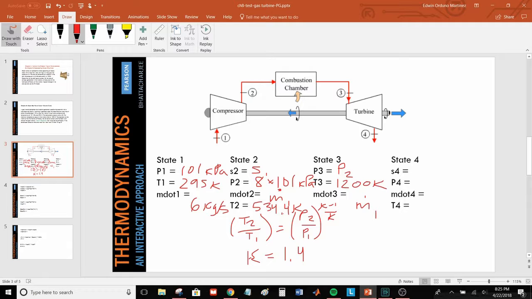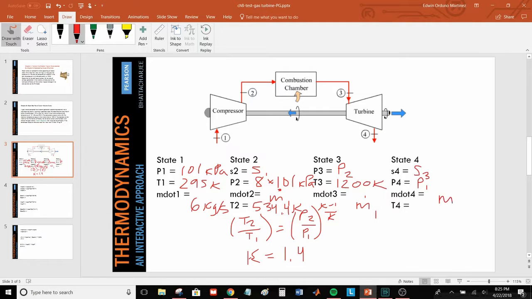State 4 is after the turbine, which is after the isentropic expansion, which means the entropy at state 4 is equal to the entropy at state 3. And the pressure is after the constant pressure heat rejection. Therefore, the pressure is equal to P1.